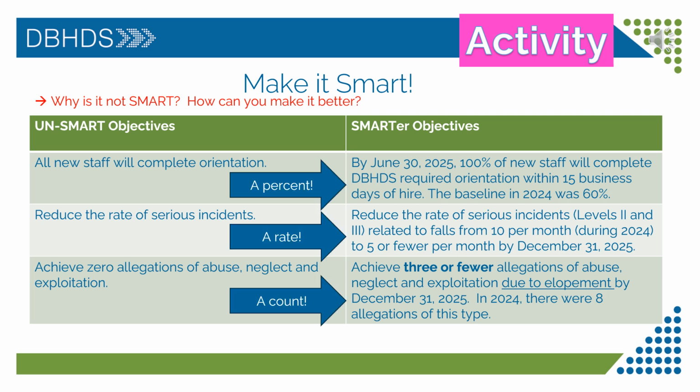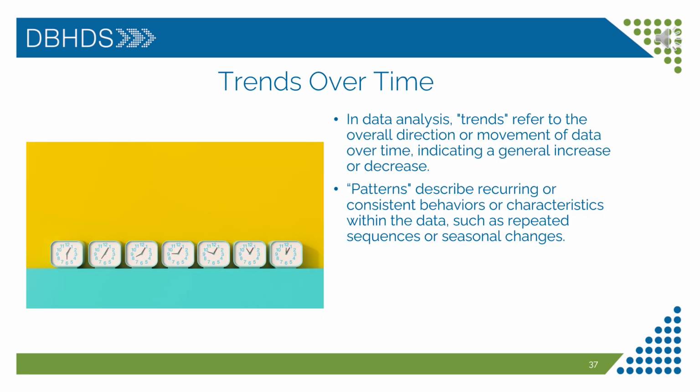I want to point out for these examples, one is using a count, the bottom one is using a rate, the middle one, and one is using a percent, the top one, as their performance measures. As you are looking at your measures with your team, it's important to understand trends over time.